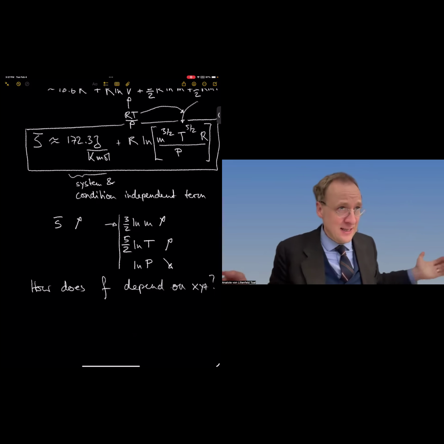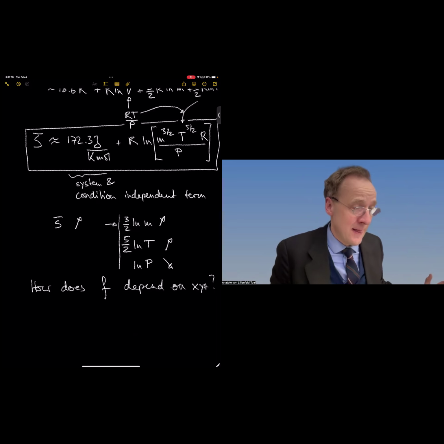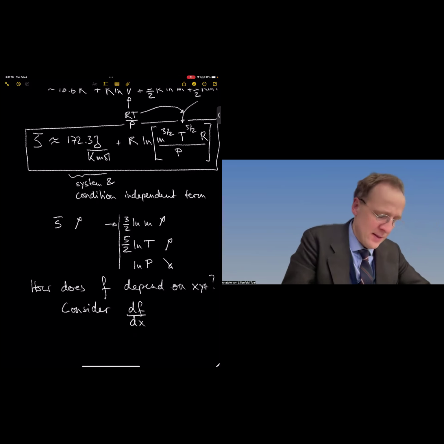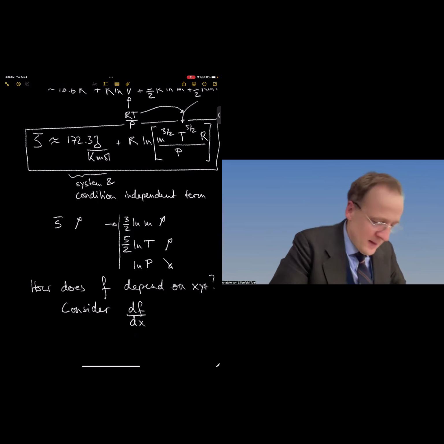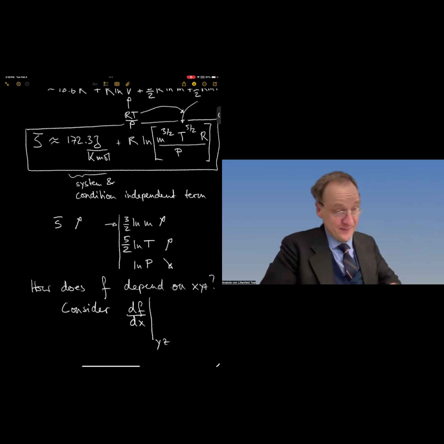So if f is independent of x, the slope will be 0, right? So let's write down that answer. df dx. And that is typically keeping y and z fixed, okay?